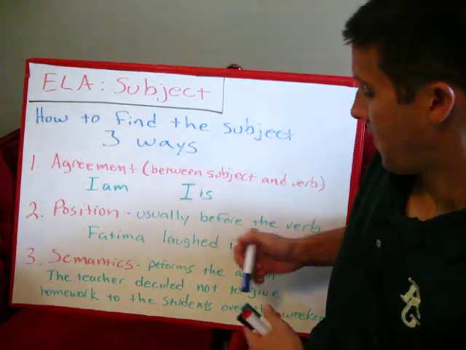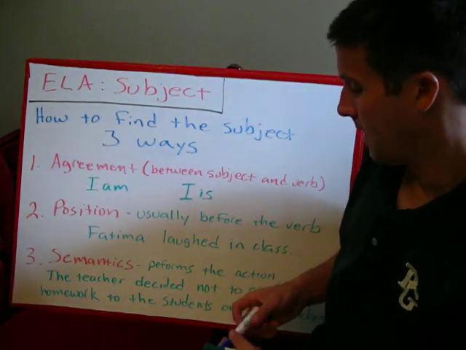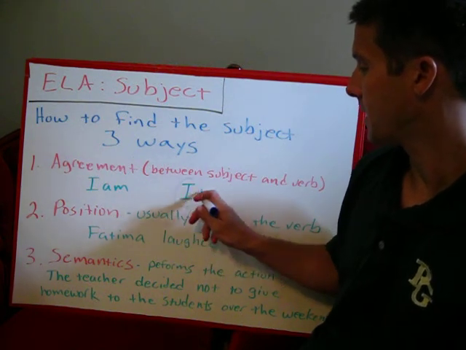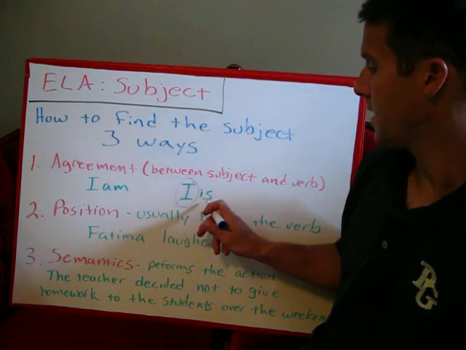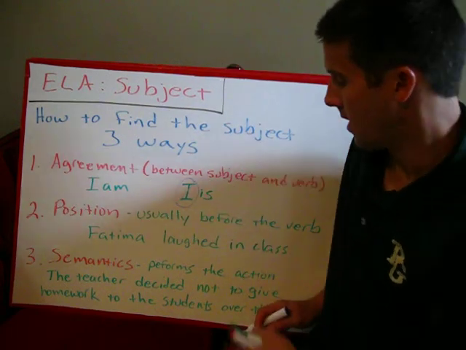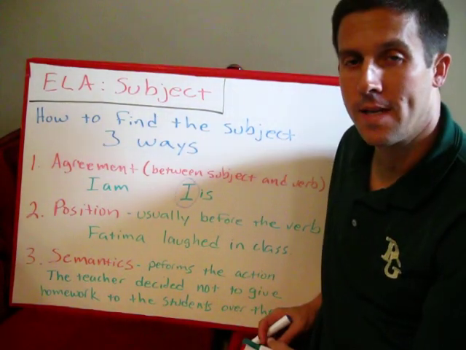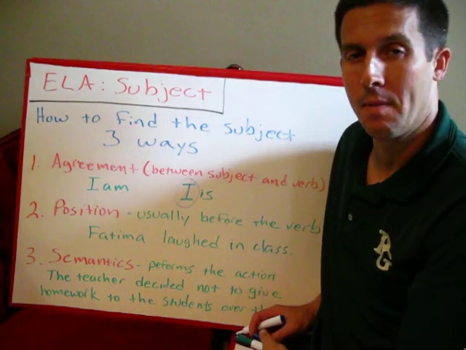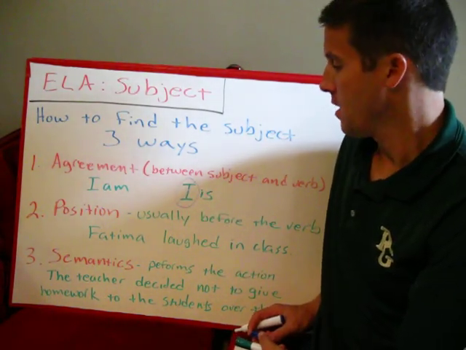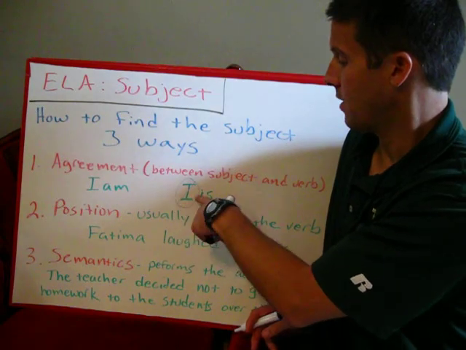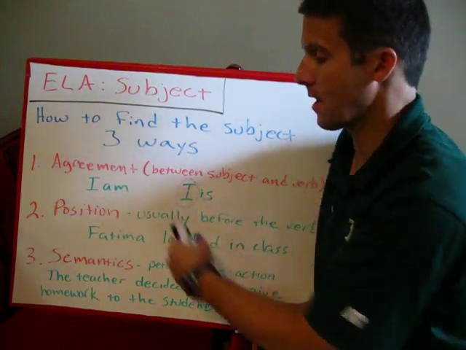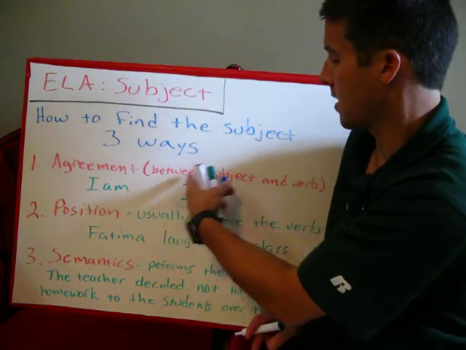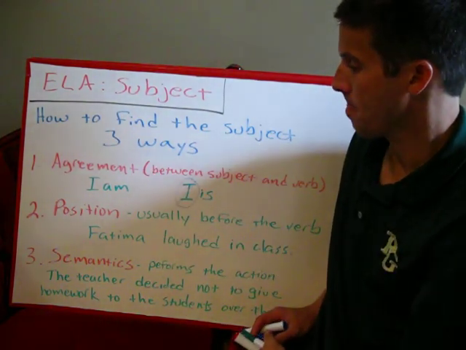Well, if this needed to be corrected, we would say that I could not be the subject of this sentence because it doesn't agree with the verb is. We could say he is or she is, but not I is. So therefore, we would rule out that this would be a subject because this is actually correct. Okay? So agreement of subject and verb.